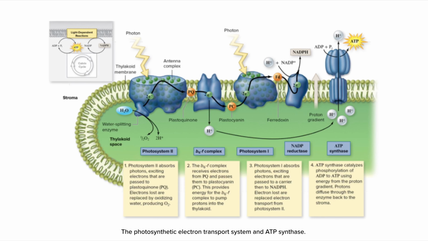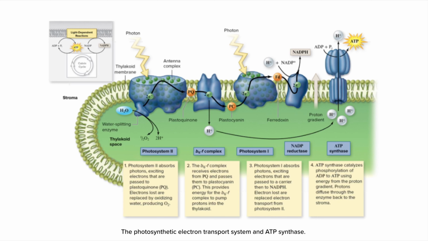That is how the ATP is synthesizing. So it's getting passed from PQ, creating that extra proton, getting passed to PC, and then moving on to photosystem 1, which is creating that NADPH and that ATP.